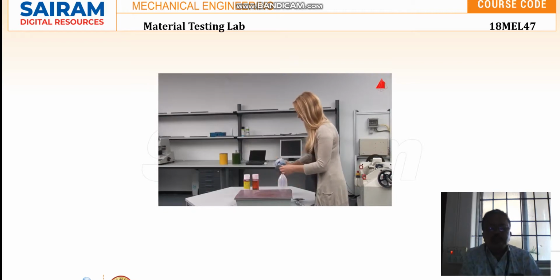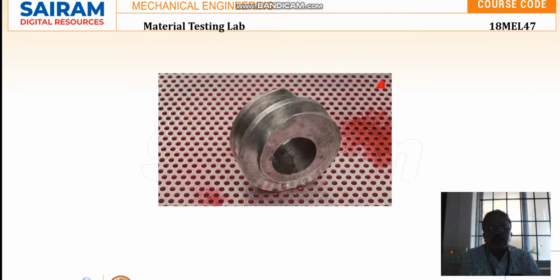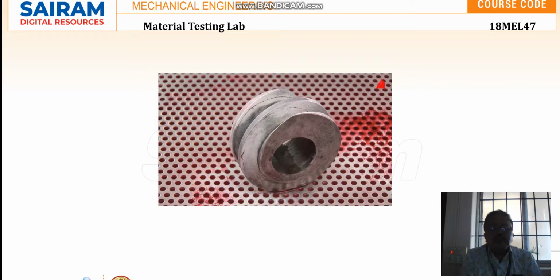Now she dries the surface of the sample with a cloth to absorb the excess water. As the final step, she applies the developer and lets it dry. That's it. Several cracks are indicated on the surface in deep red color.